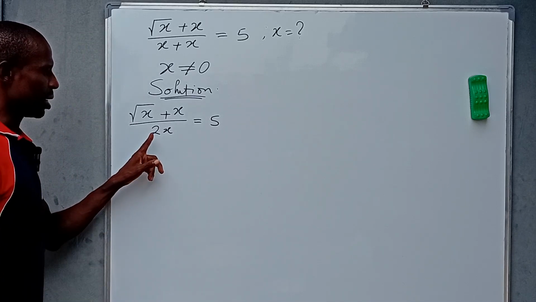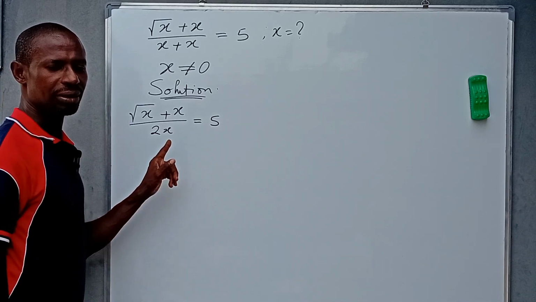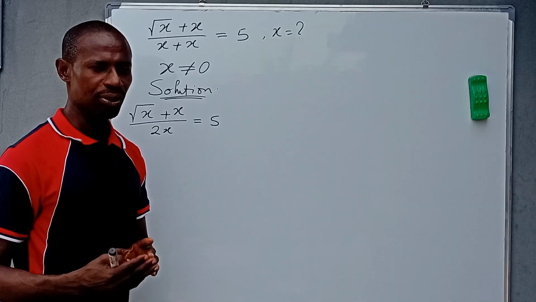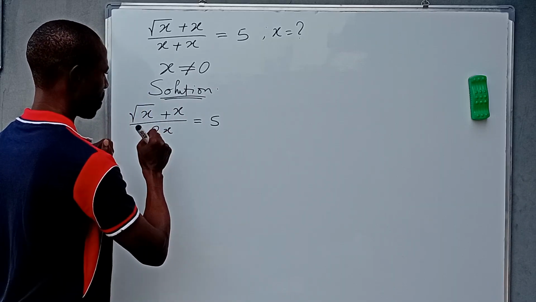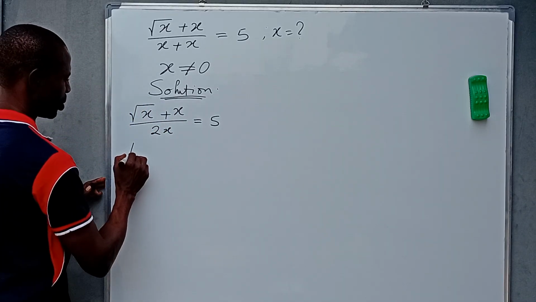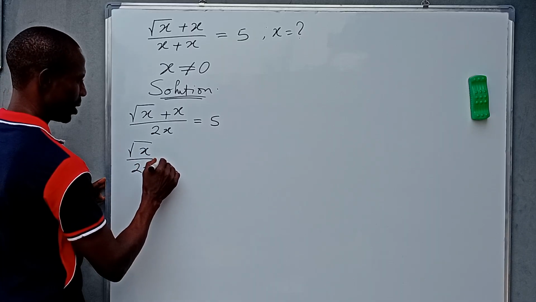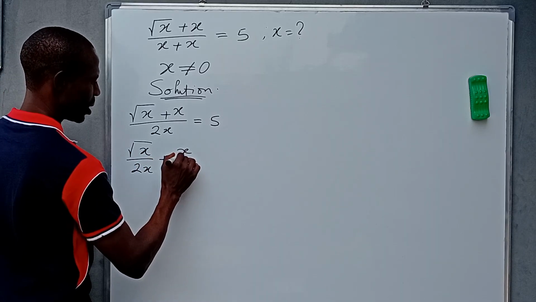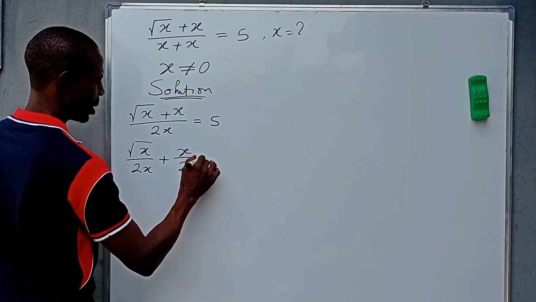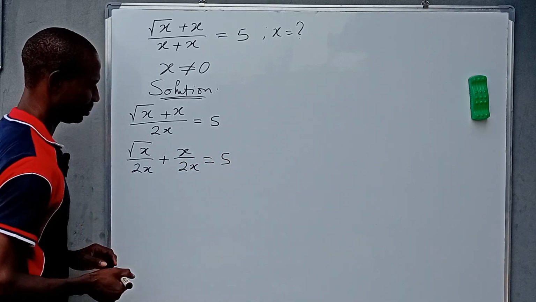Now, instead of multiplying both sides by 2x, I want to rewrite this side of the equation. This could also be written as √x / 2x, plus x / 2x, which is equal to 5.